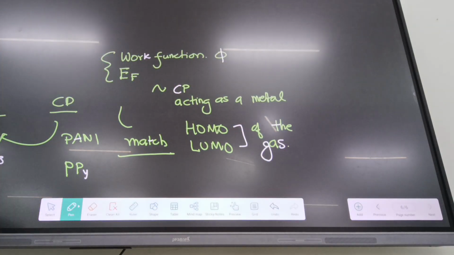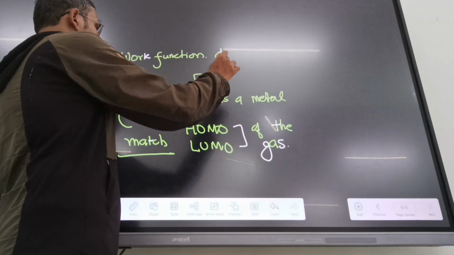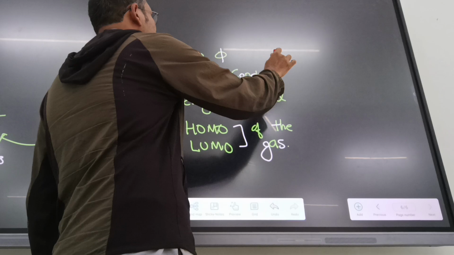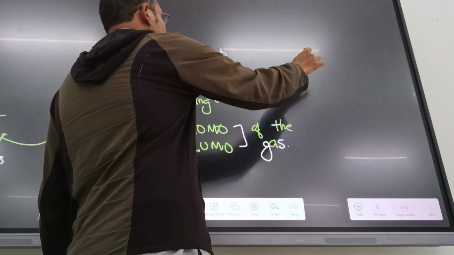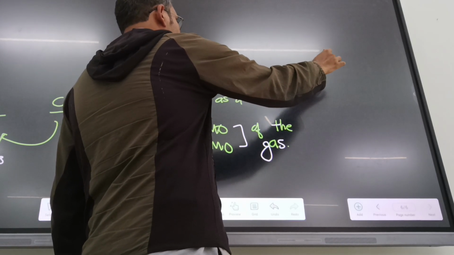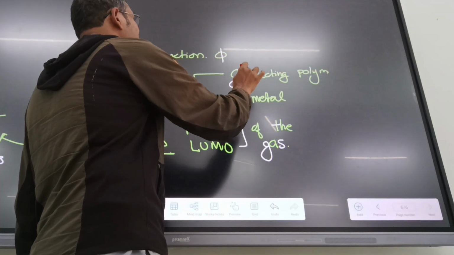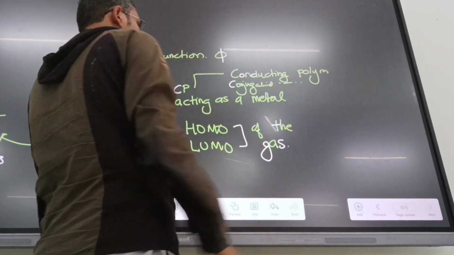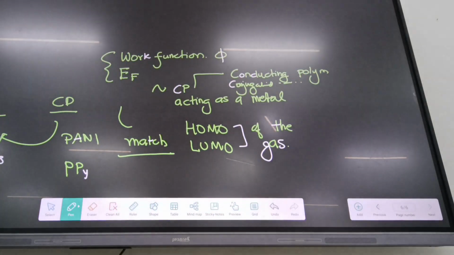It should match with the homogeneity of the conducting polymer, conducting polymer or conjugated polymer. So the functional groups have a role to play. Which functional group is where will depend on this.